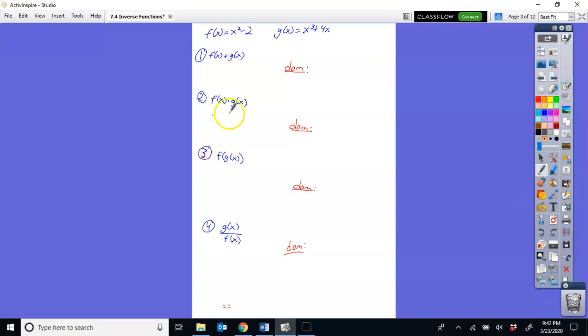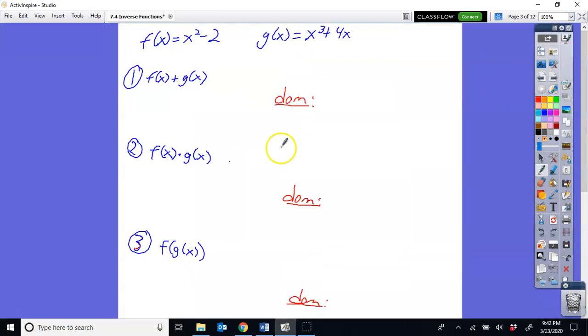So on number 1, I'm taking f of x plus g of x. That means I'm adding functions f plus g. I'm going to zoom in here to make this a little bit bigger on the screen. I'm going to take x squared minus 2, that is f of x, and then add that to g of x, x cubed plus 4x.